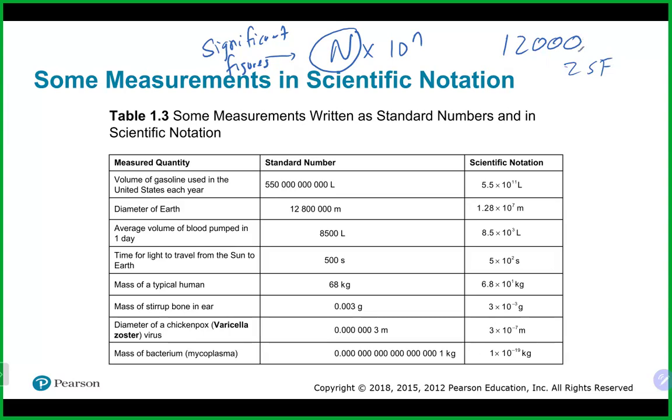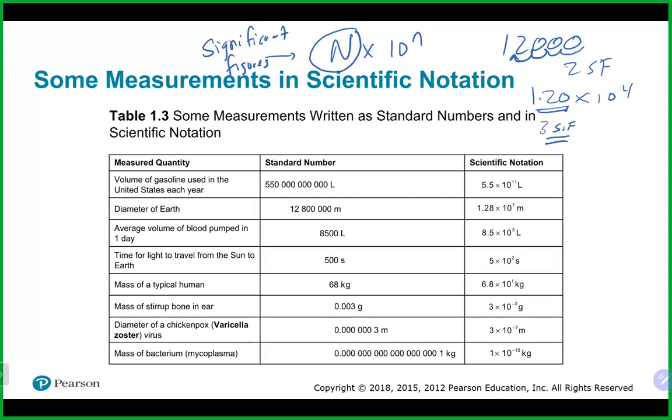If I put this into scientific notation, I could write 1.20 times 10 to the 4. It now has 3 numbers before the times 10 part, and those 3 are significant figures. It still represents 12,000, and that would be the only way you could do 12,000 with 3 significant figures.